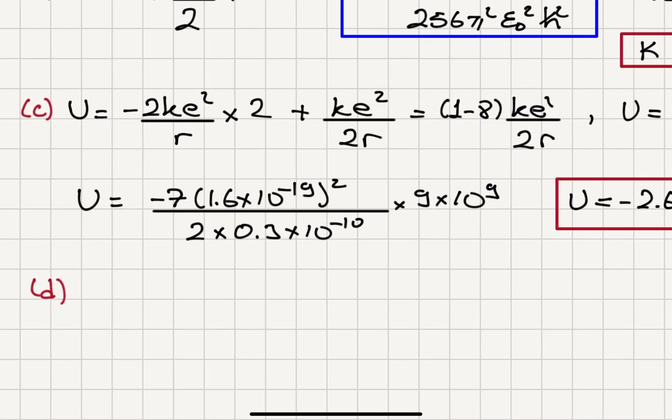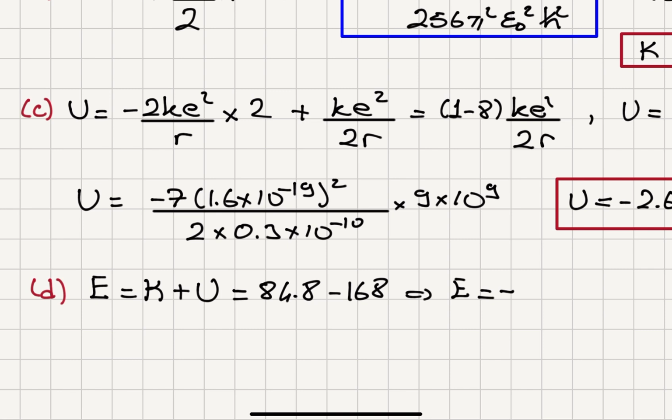The total energy of an electron in such an orbit is its kinetic energy plus its potential energy. Kinetic energy we have found to be 84.8 electron volts, potential energy minus 168 electron volts. So we get a total energy of minus 83.2 electron volts.